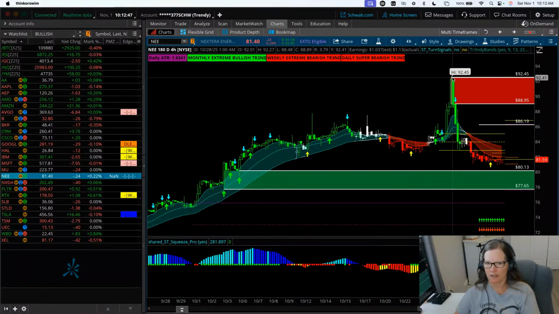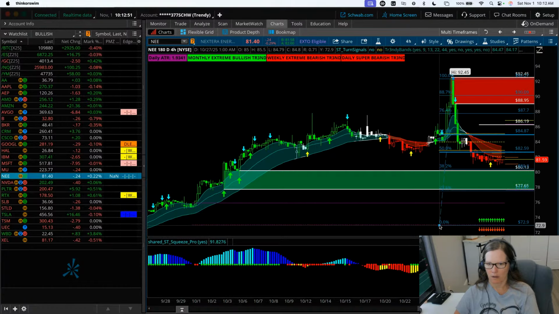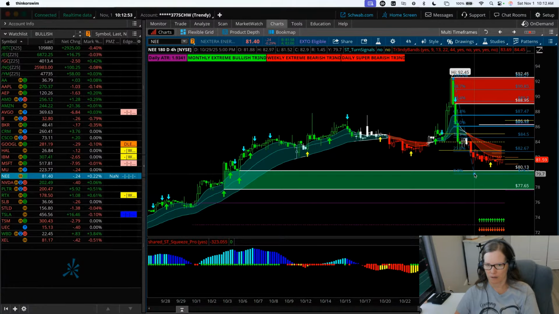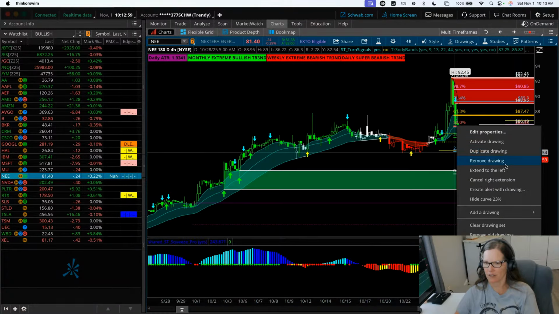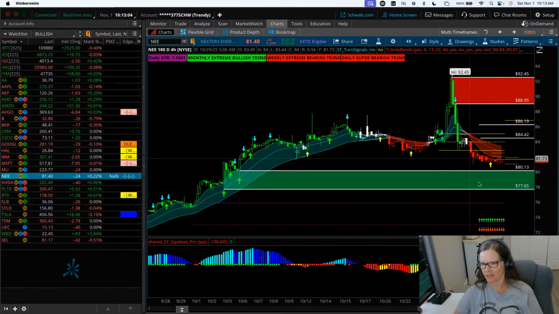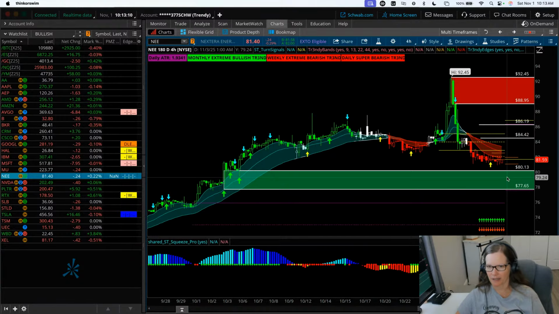But if price runs all the way down to my buy zone, I need to be realistic and know where the top of that bear channel is. And that's a rough estimate because I don't know how deep price will go in there. I will adjust that if I get a pullback in here.